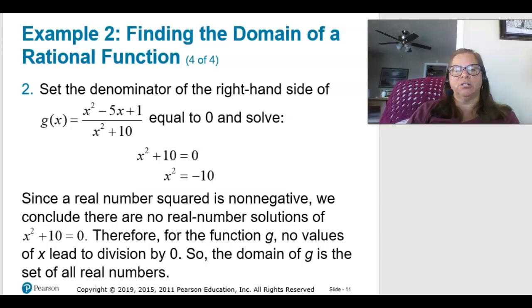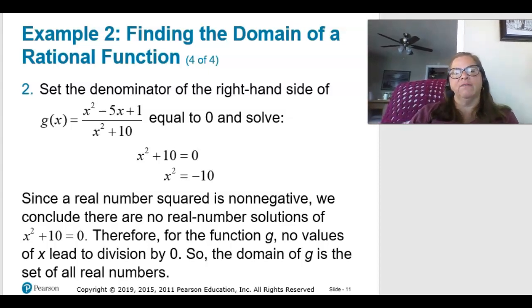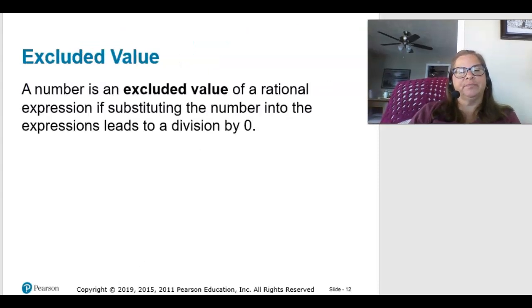Therefore, the function g has no values of x that lead to division by 0. Because that turns into a complex or an imaginary number, the domain of g, we would say, is the set of all real numbers. So we have no exclusions.